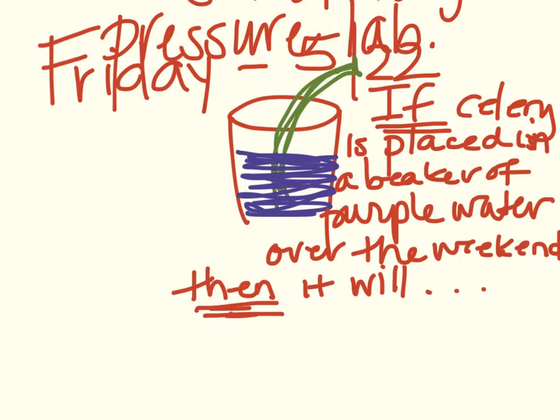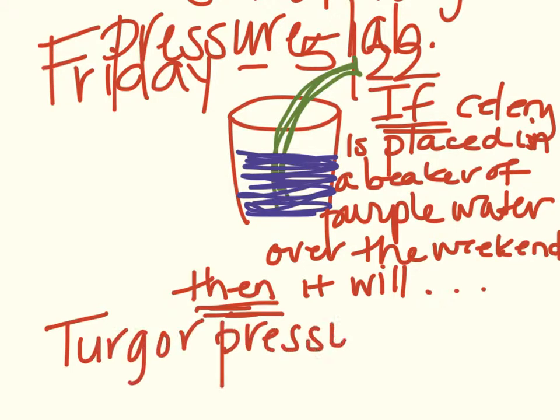And what we're supposed to lead you to is that I told you the definition of turgor pressure, which is on your review, so make sure that you have your review out right now so that you can write this down.